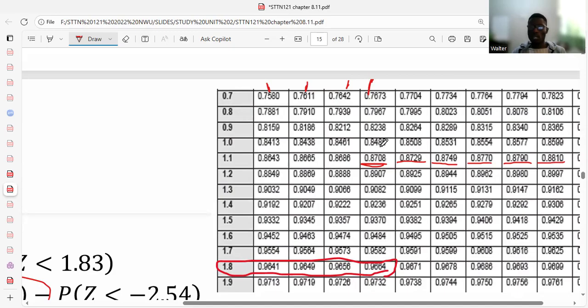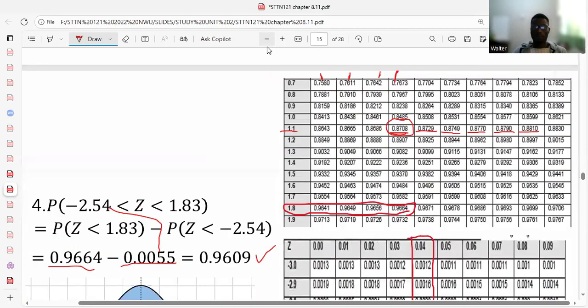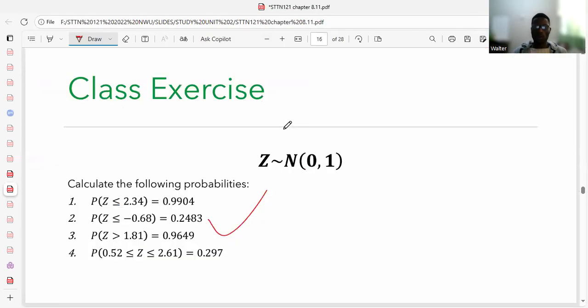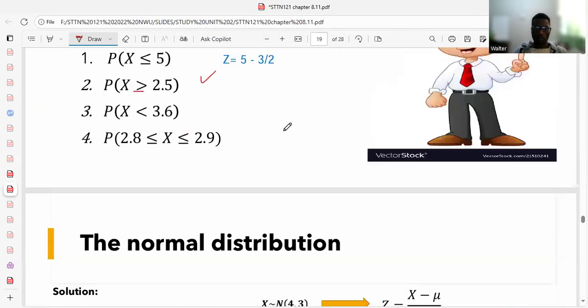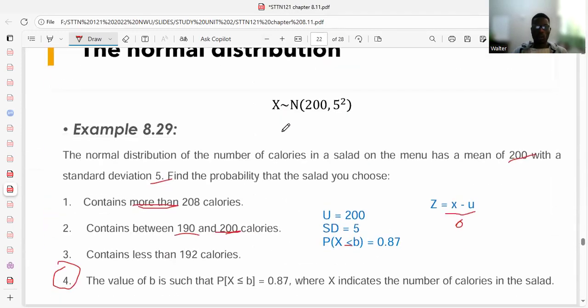It means you're going to take this value, which is 0.8708. That's the one, 0.870, which falls under 1.1, under 0.03. So what is the z-value? 1.13. So that's the reason why they got the z-value as 1.13.